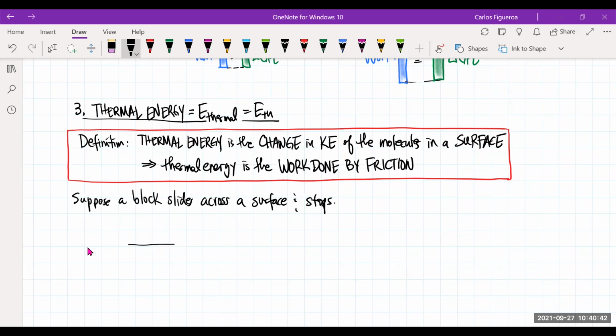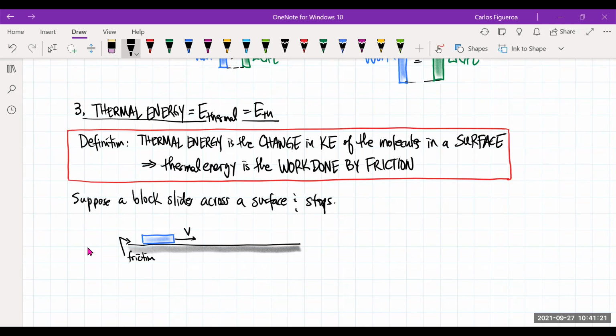So when I look at this, I have a surface. When I think about the surface, what actually happens here? I have a block that I'm sliding across. I push this off and it has some initial speed. But this surface has friction, which means it's a rough surface.